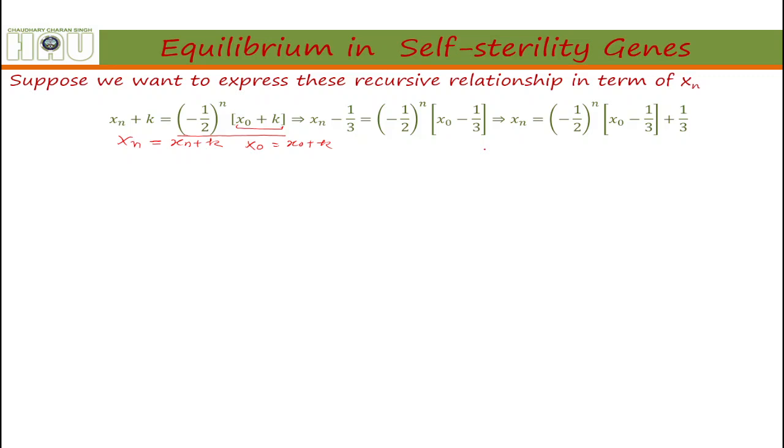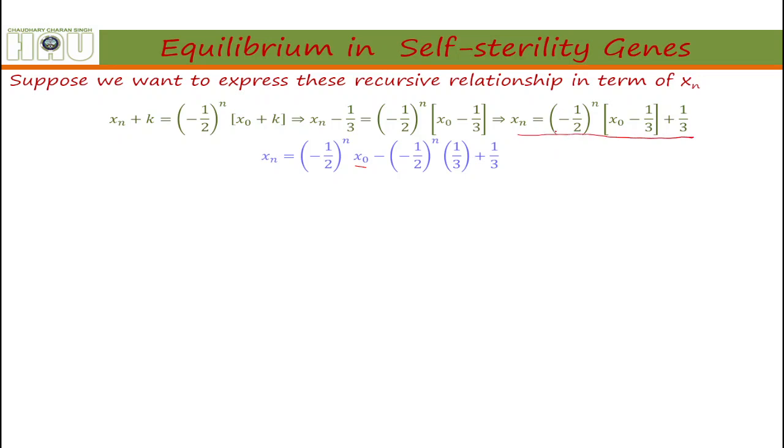So I have already developed that xn is equal to minus half raised to power n x0. So just substitute the value of xn and x0, right? So let us see, xn becomes minus half raised to power n x0. If I simplify this expression, what will you get?